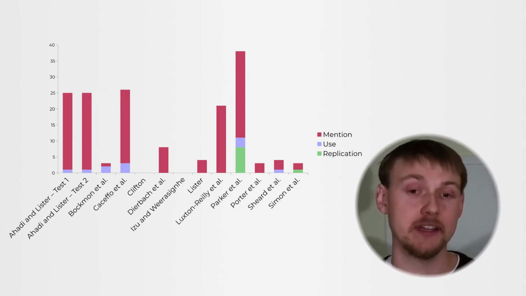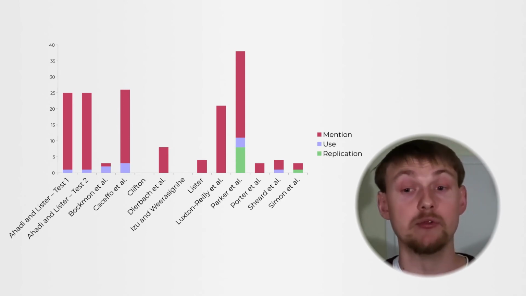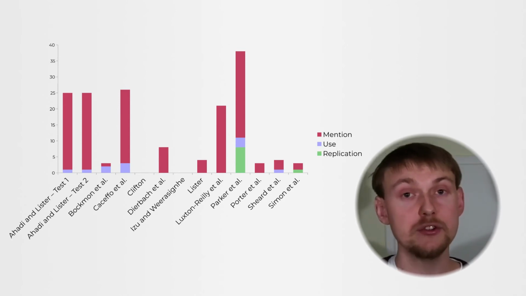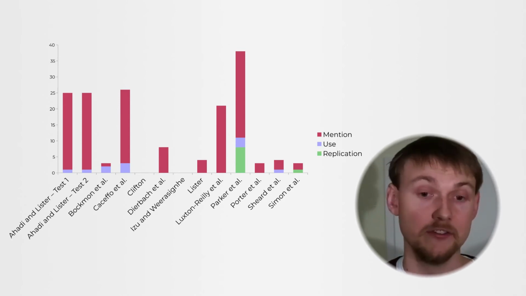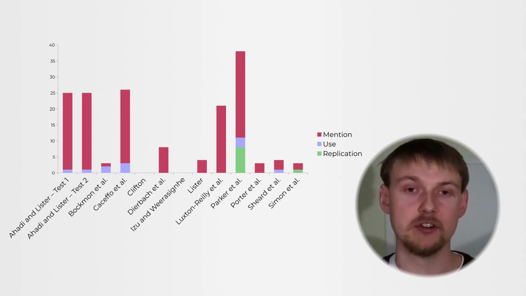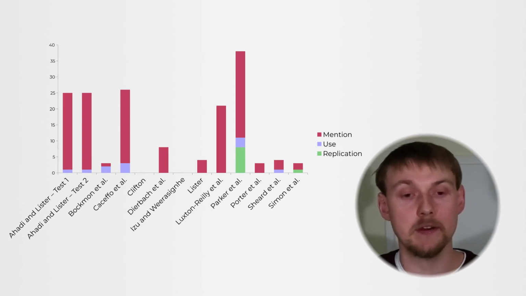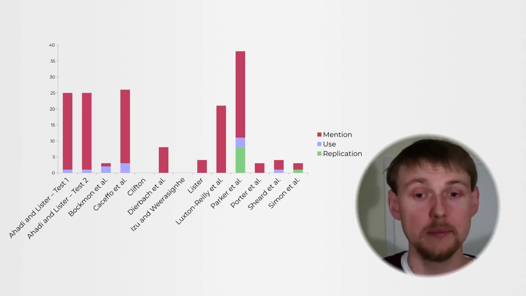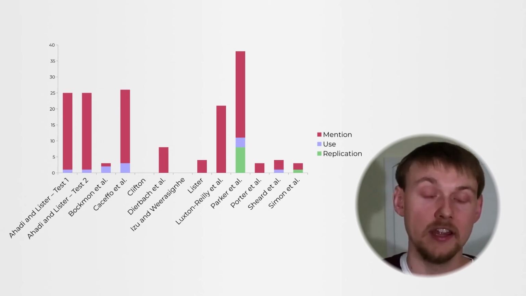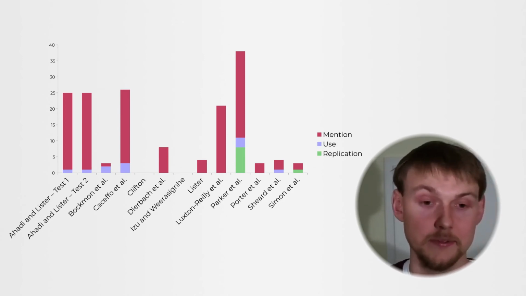Here you can see the citations divided in a replication paper, which strengthens the claim of validity and reliability, a use paper, which are paper which have used the assessment in another context, for example, but have not reported the results in such a way that we could make claims about validity and reliability, and mentions papers. These are just papers which said, yeah, so these researchers have published an assessment, for example.